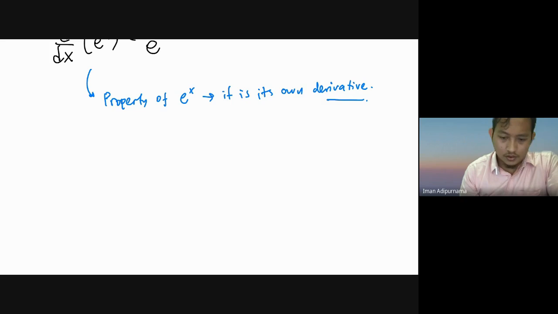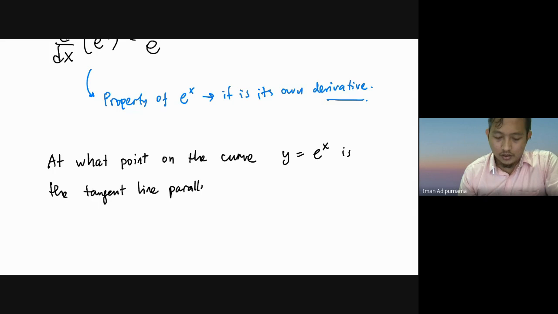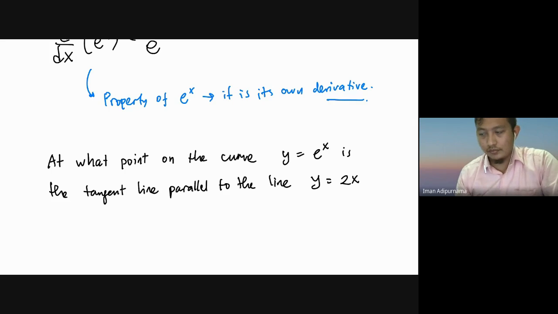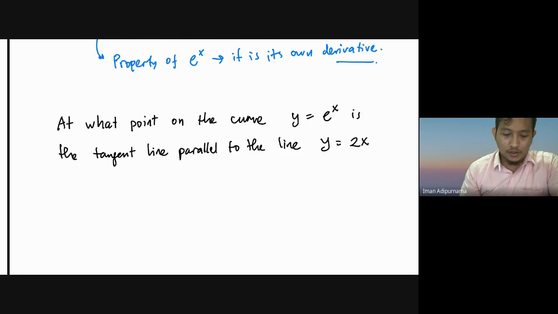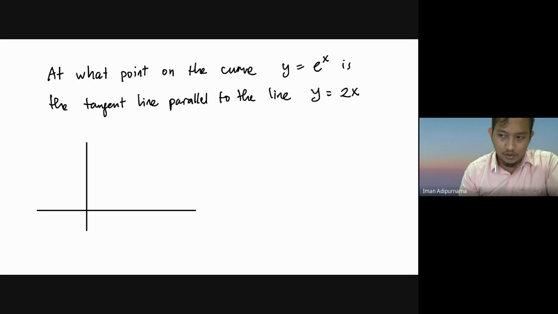For example, you want to find at what point on the curve y equals e to the x is the tangent line parallel to the line y equals x. If I draw an illustration, maybe this is e, and e to the 2x is maybe here, a little bit here.